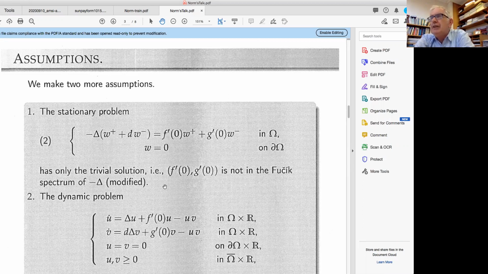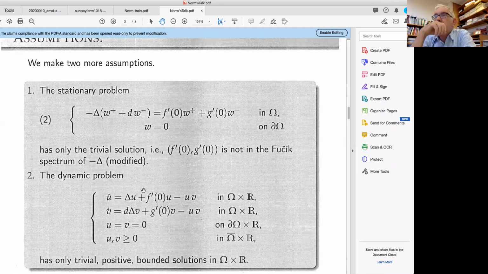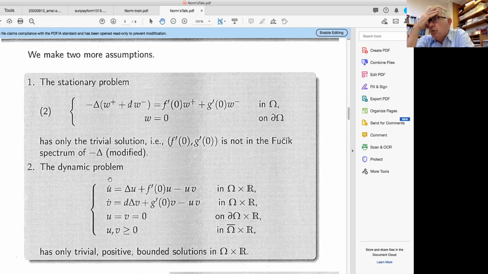These are fairly technical conditions. And the second one, basically we need it to understand solutions where both components stay small. The point is that you've got a term f of u. If u is small, f of u is well approximated by f prime 0 times u plus little higher order terms.